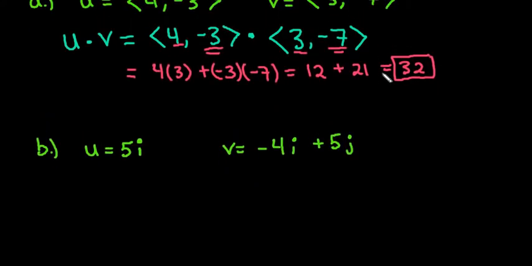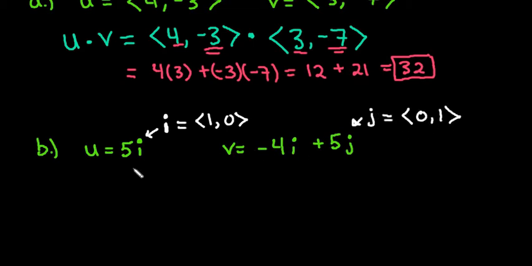For the second one, it is written in a different form where this is the unit vector i, and I want to write it as, just let me draw an i this way. Okay, where i is equal to 1 comma 0, and over here we have j. j is the unit vector 0 comma 1.